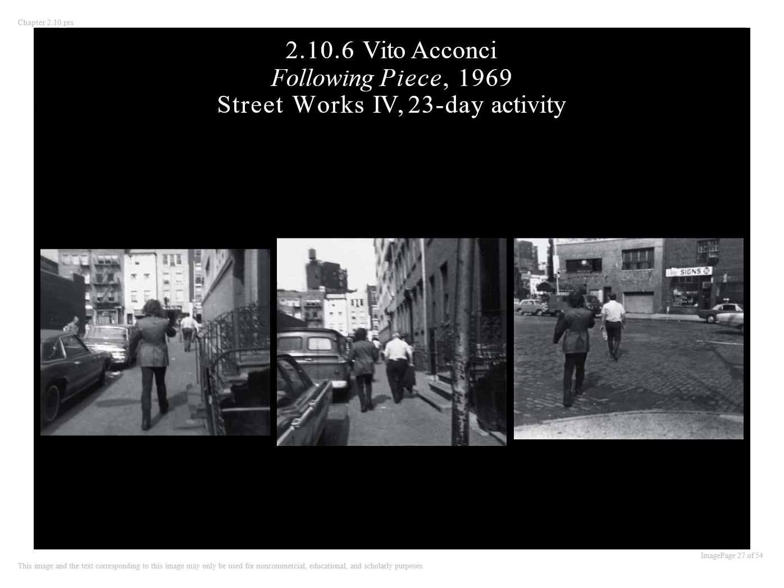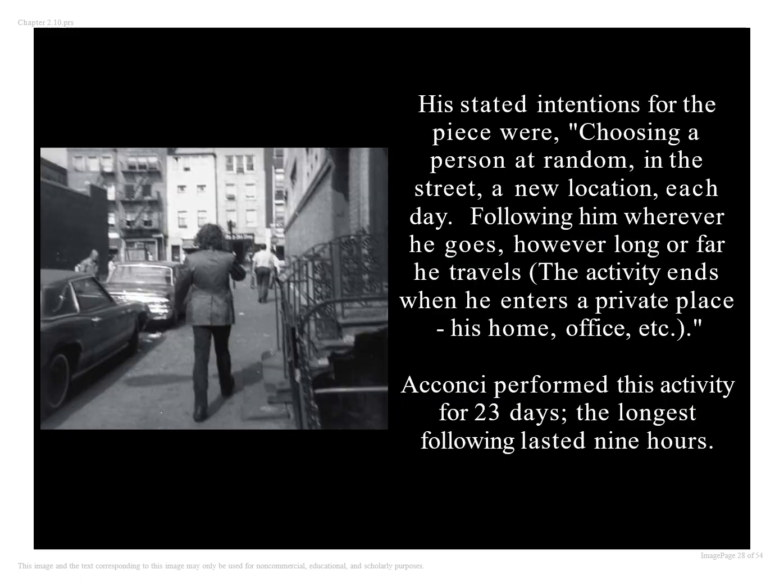To my recollection, you don't ever see the face of the person he's following, but in today's society, I don't know how well that would go over, for very justifiable reasons. But anyway, this was his idea of a performance piece.